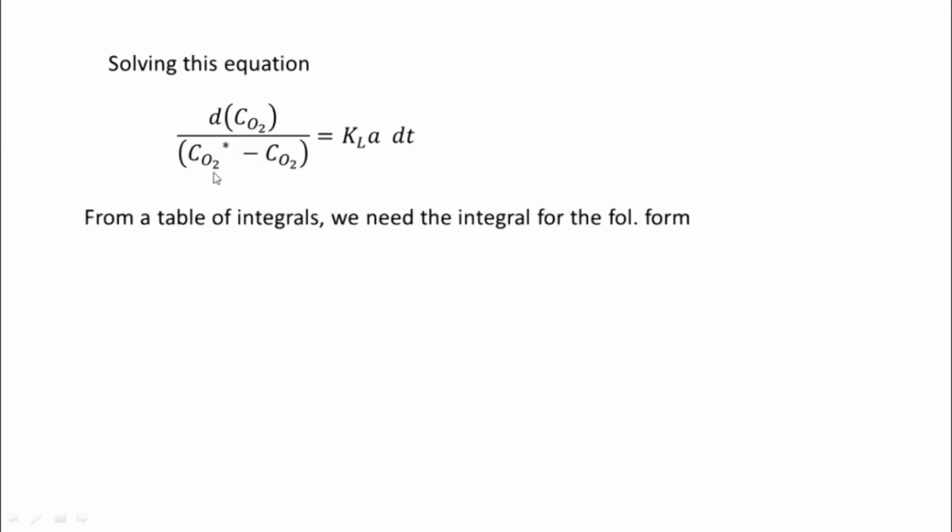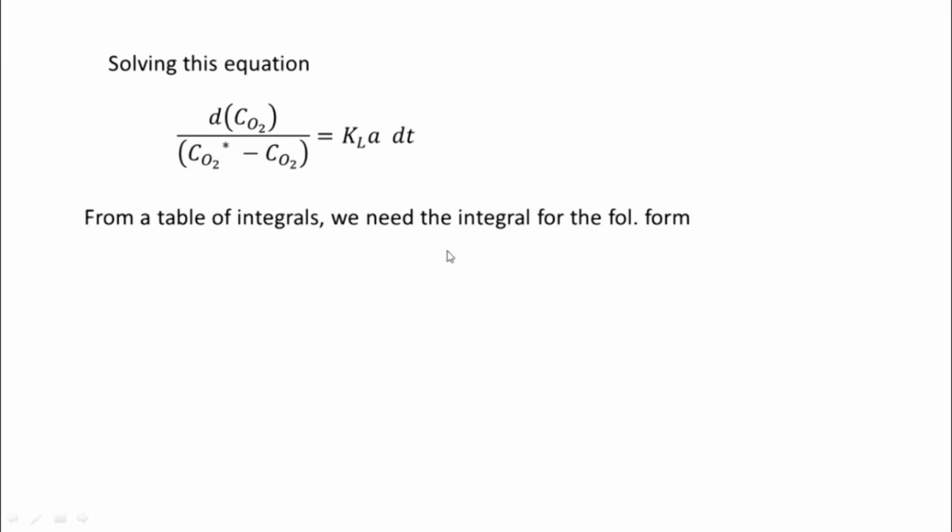If you solve that differential equation, taking appropriate terms to their sides: dC_O2 divided by (C_O2 star minus C_O2) equals KLa dt. From the table of integrals, because this is of the form dx by (a constant minus x), we can use the table, otherwise we'll be reinventing the wheel.